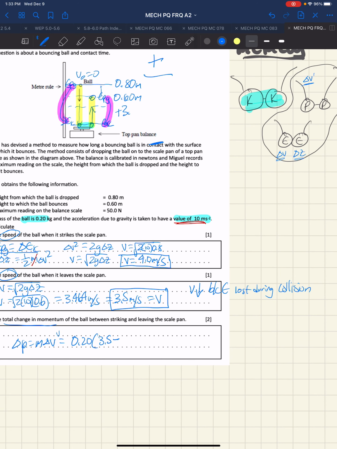We have a positive 3.5 meters per second upward, and we have a minus 4.0 meters per second downward. So that's minus a negative 4.0. And that gives us 0.20 times 7.5 for an overall change of 1.5 kilogram meters per second, and that is going to be the overall change in momentum.